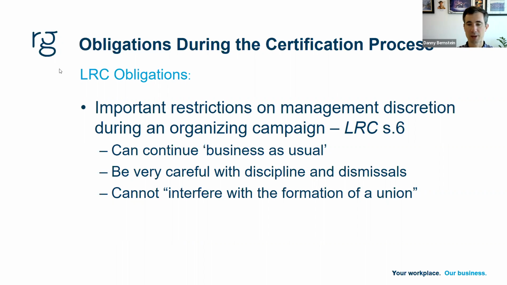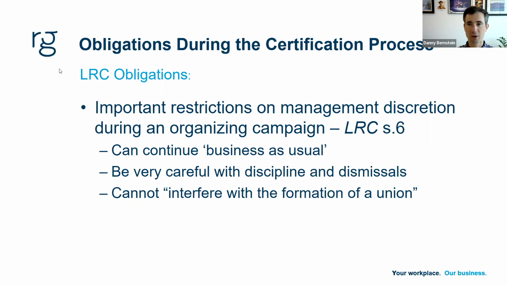Because if you dismiss someone who happens to be a key union organizer at your workplace and you don't know it, you're going to be in for a fight with the union at the labor board. They're going to allege that it's an unfair labor practice and that you were trying to scare the bargaining unit away from voting or from signing cards or whatever the case. So make sure it's well documented. Make sure you've followed proper process and have good valid grounds.